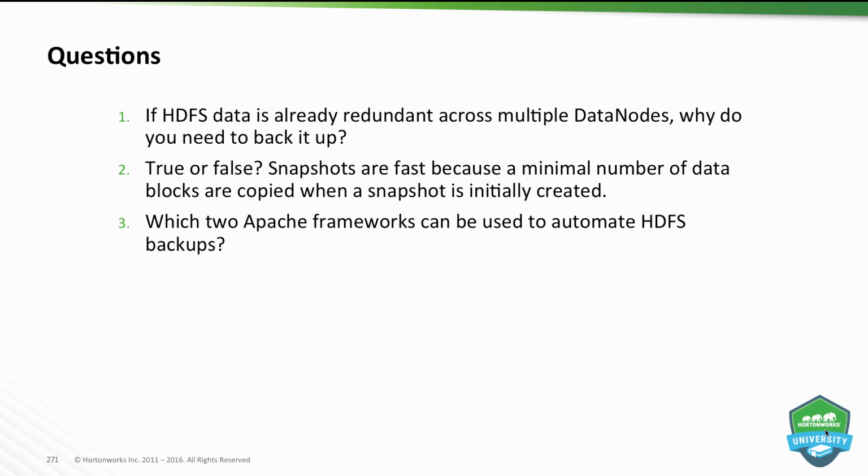And then lastly, what two frameworks could we use to automate backups? Probably didn't say it as much here, I'll just say it out loud. DistCp, that we did mention a moment ago, that moves things around. Now we can automate DistCp with Oozie, the workflow system that we mentioned in an earlier module.